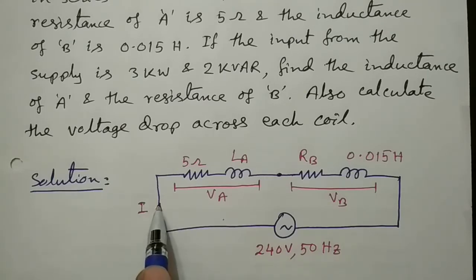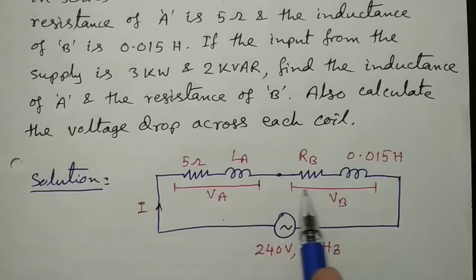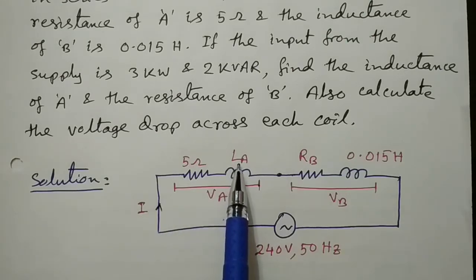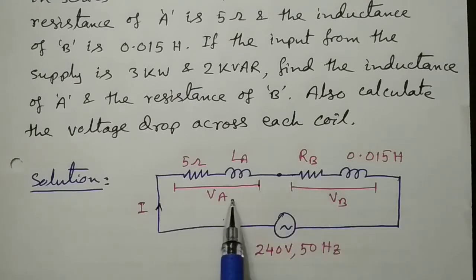The current will flow through the circuit. VA is the voltage drop across the coil A and VB is the voltage drop across the coil B. So in this question we have to find the current, the inductance of coil A, resistance of coil B, the voltage drop across coil A and the voltage drop across coil B.